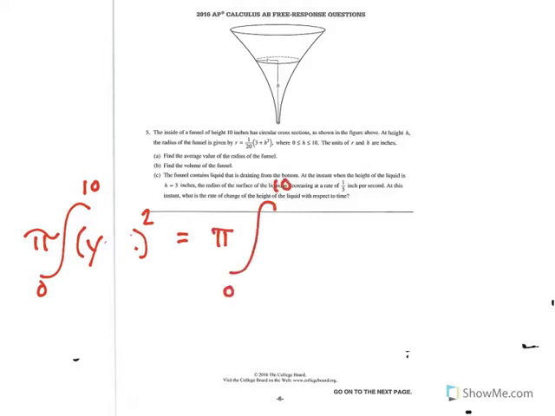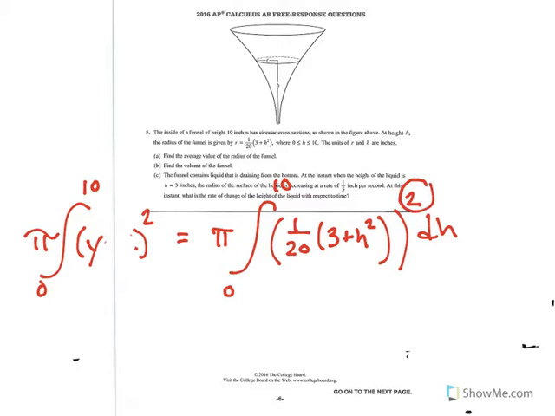Which is going to be pi times the integral from 0 to 10 of 1 over 20 times 3 plus h squared dh. Now, of all the integrals they've had you do, this is kind of the more challenging one because they've got this squared on the outside. In order to solve this, I'm going to have to square things out. So first I'm going to square this 1/20th, and that becomes 1 over 400.